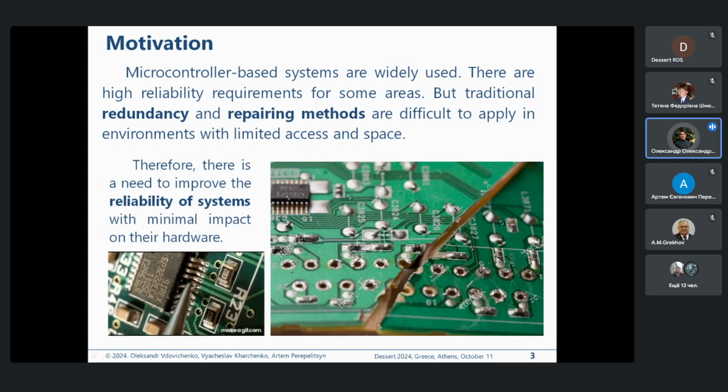But traditional approaches for increasing dependability parameters can be difficult to apply in such conditions. Therefore, we need to find a way to improve the reliability of such systems with minimal impact on their hardware.